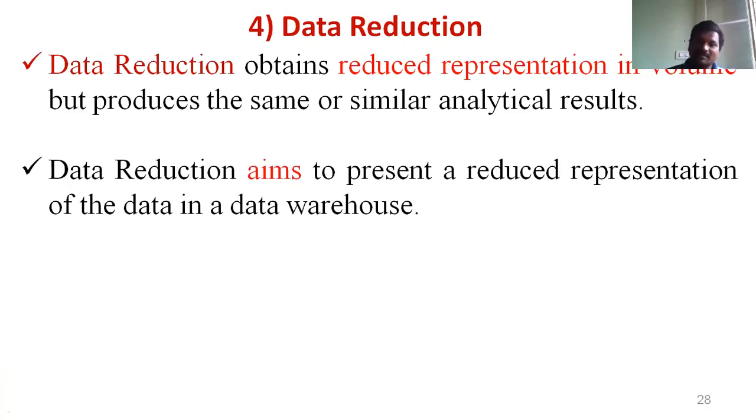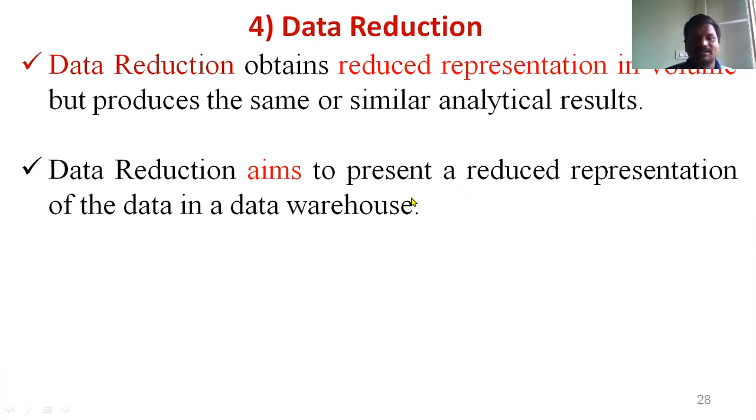What is the aim of data reduction? The aim of data reduction is to present a reduced representation of data in data warehousing. You decrease the size of the data.